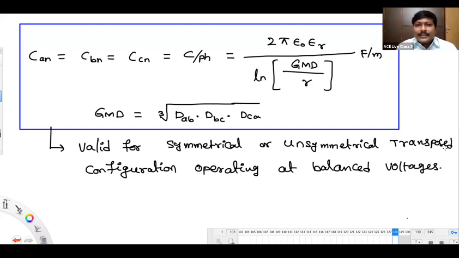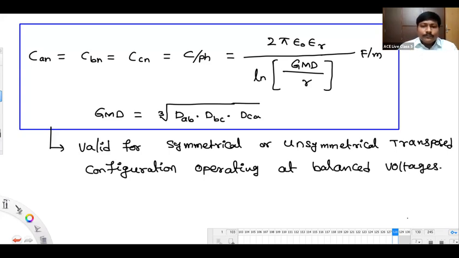But if it is a bundled conductor system, in place of r, we keep Ds. And there, 0.7788 has to be removed from the GMR calculation. The Ds calculation is similar to GMR, but only the 0.7788 will be missing.